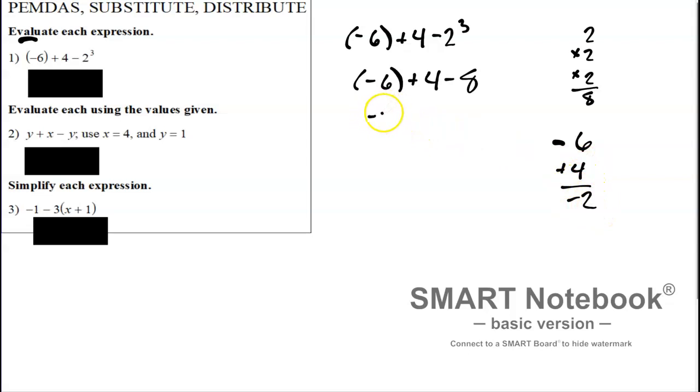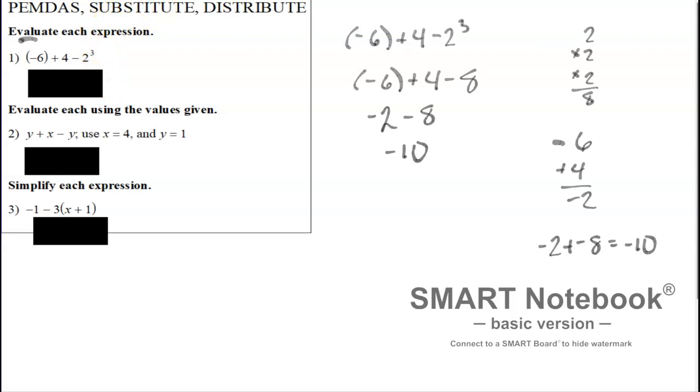So we get, and now I can subtract: -2 minus 8. You guys know how to do that. -2 plus -8 is -10. Okay, this is what you guys can do. Okay, PEMDAS, so make sure you get it done.